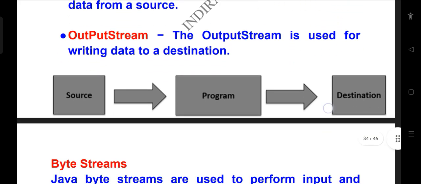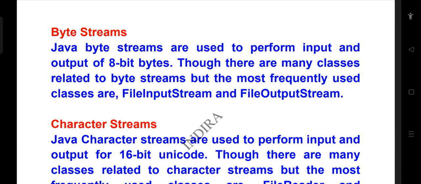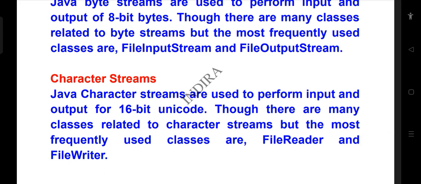Here is the graphical representation of streams and byte streams. Byte is nothing but a storage term. Java byte streams are used to perform input and output of 8-bit bytes. Character streams consist of characters, and 16-bit Unicode is used to perform input and output.